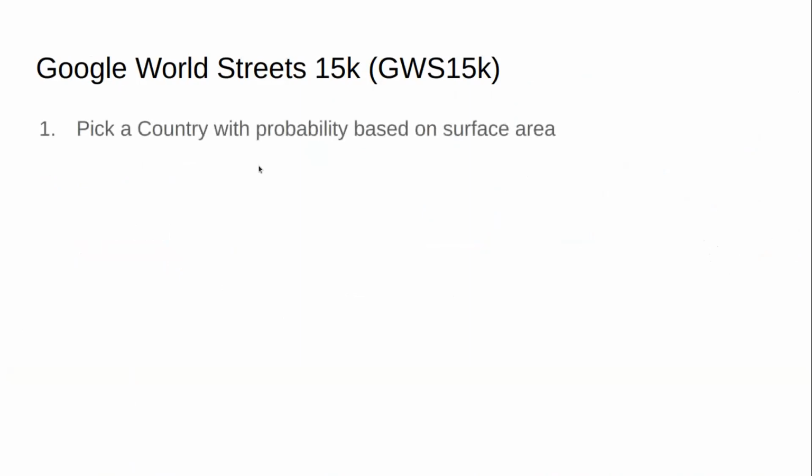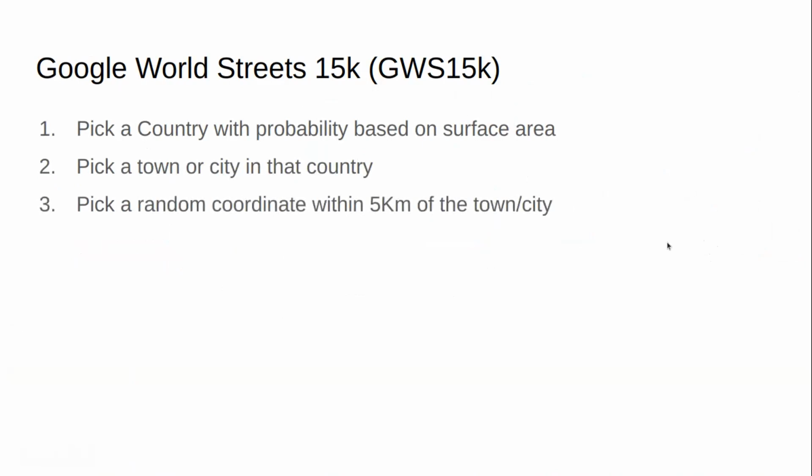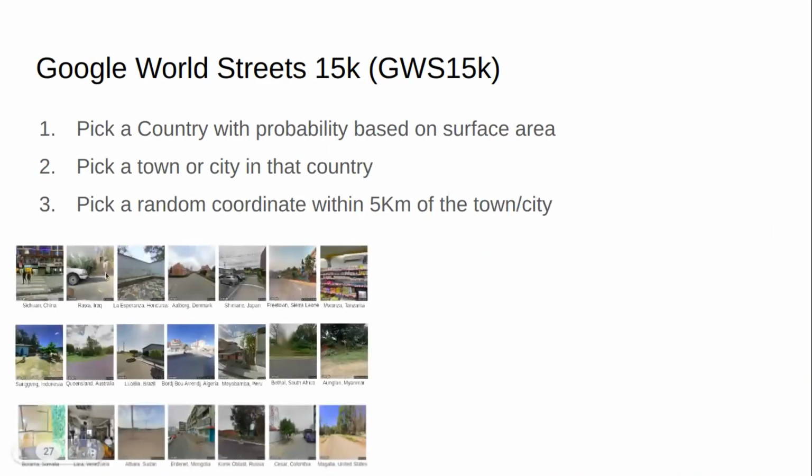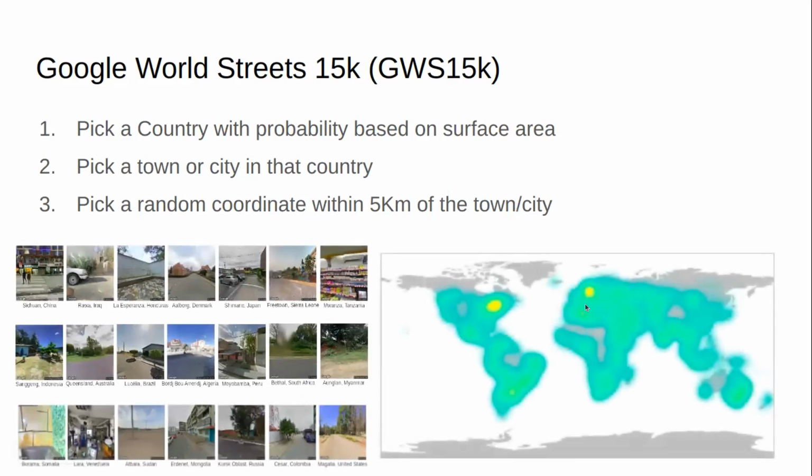And we also wanted to make sure that all of the images we got were real-world geolocalizable images. So what we did was take images from Google Street View. To do this, we picked a country with a probability based on its surface area on the Earth. We picked a town or city within that country, and then picked a random coordinate within 5 kilometers of the town or city. What this gave us was a good sampling of images that were geolocalizable and relatively evenly distributed about the Earth.